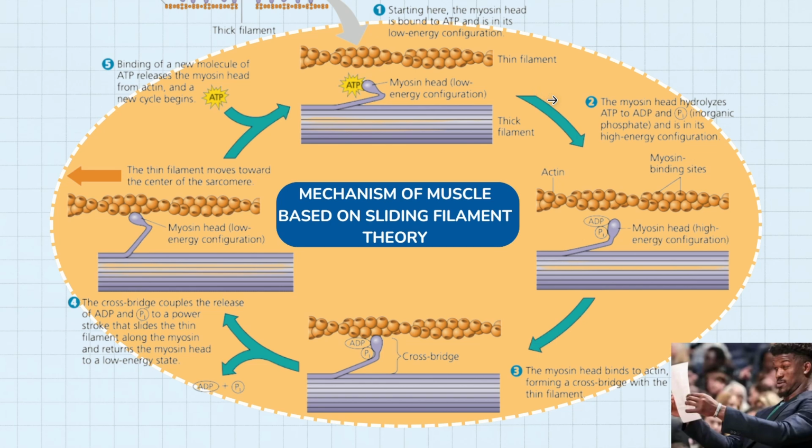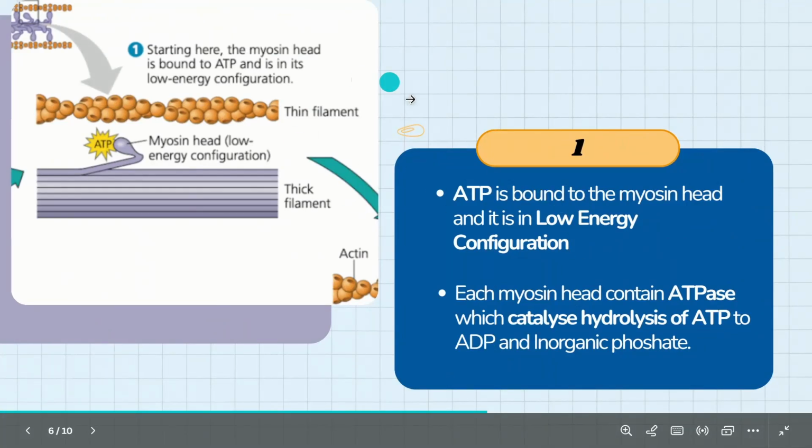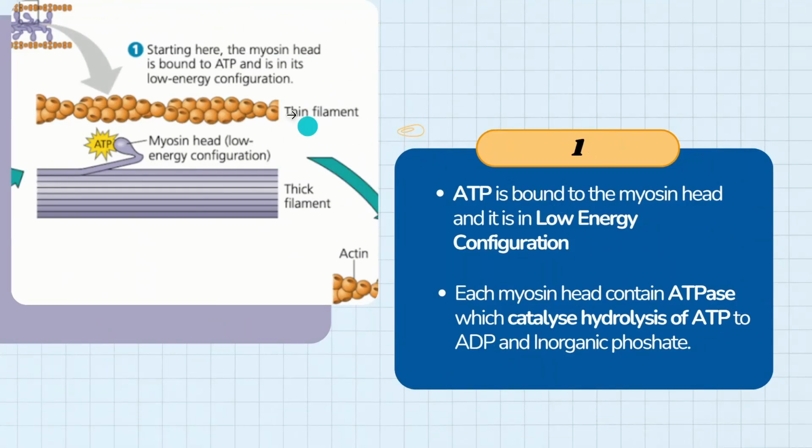Here, I would like to highlight ATP, which is adenosine triphosphate. It is very important for our muscle contraction as it supplies the energy in order to contract our muscle so that we can produce movement.